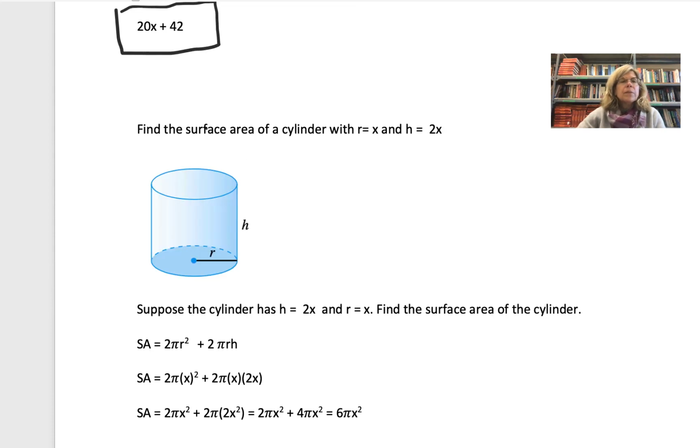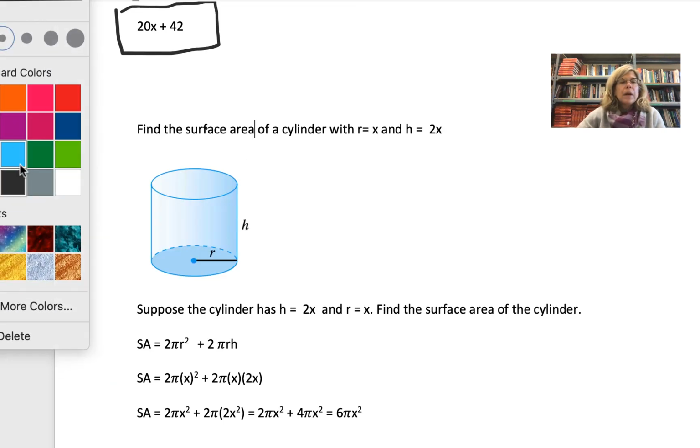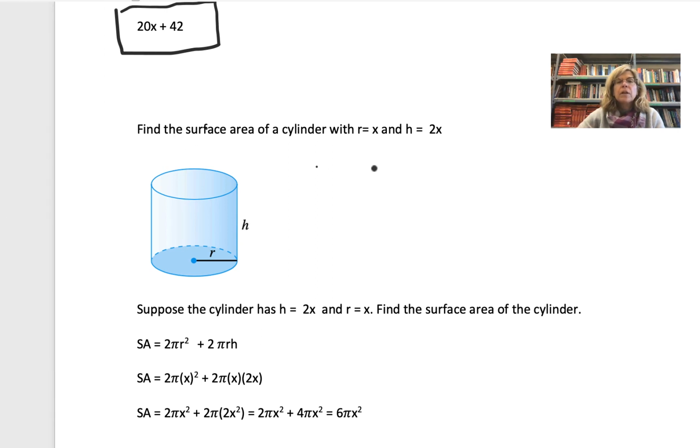Okay, so the next one we're going to do, we're going to find the surface area of a cylinder with radius equals x, so that means this right here, this radius equals x, and the height equal to 2x. So the formula for the surface area of a cylinder is this right here.